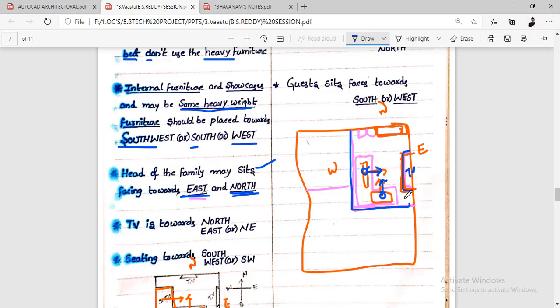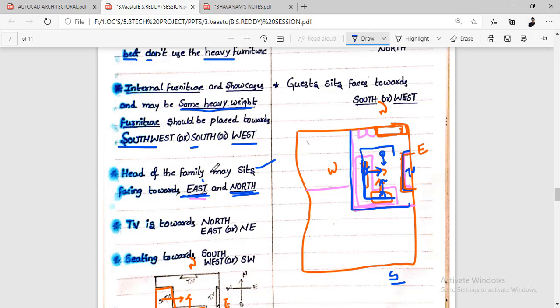So as per this, you need to provide the sofa set. If you provide a sofa set like this, then even if your head of the family sits towards this, he will be sitting towards south, it's not good. So you need to provide the sofa set as per this.